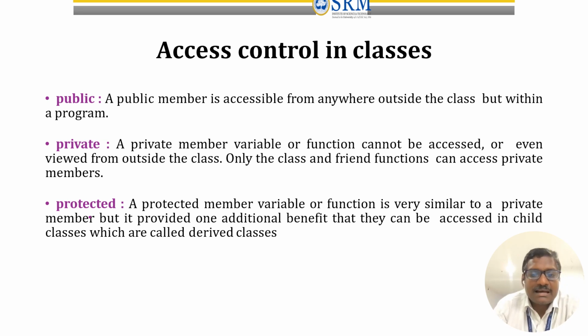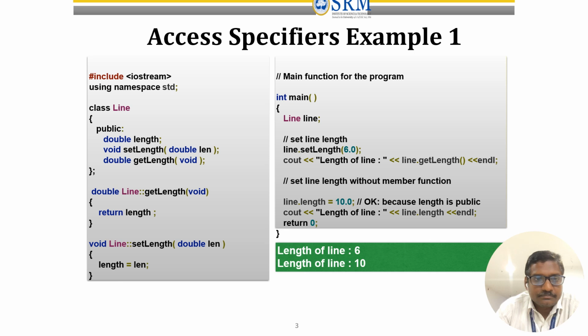So protected lies between private and public. So this is example one to understand the access specifier. Here you could see the class name is Line, and the public members are length, set length, and get length. So this is the end of your base class. Base class name is Line.